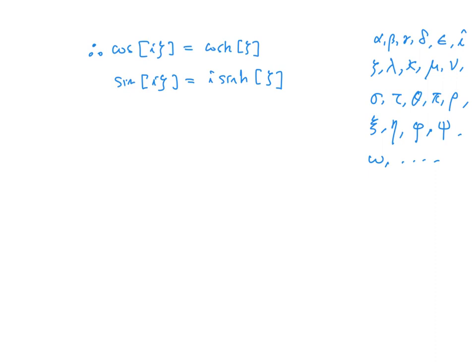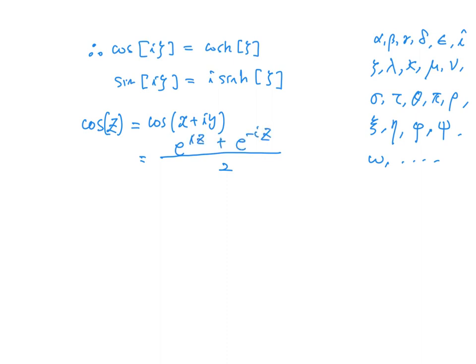So, how about cosine z? Of course, it's cosine of x plus iy. So it is 2 over exponential iz plus exponential minus iz, right? According to the definition.